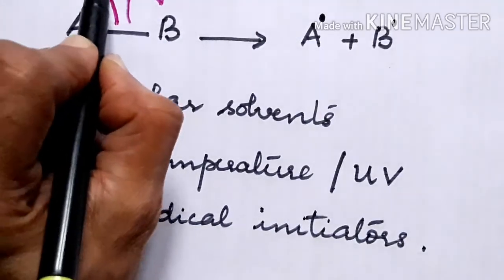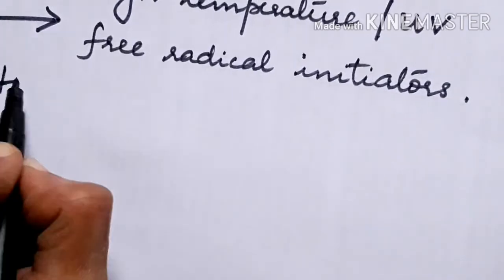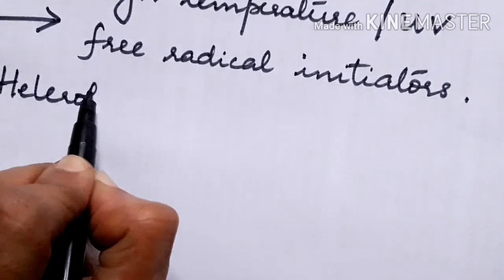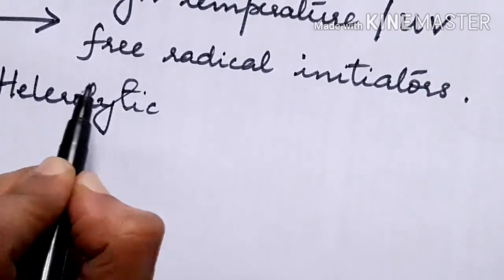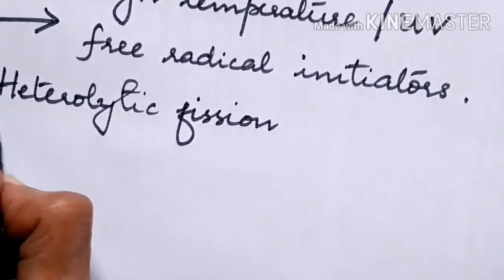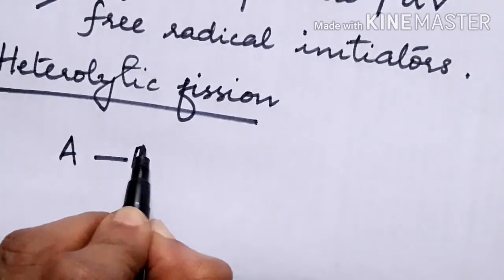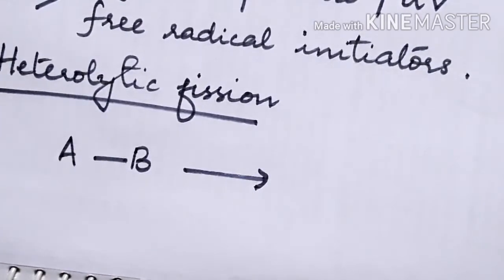The second type of fission is known as heterolytic fission. Heterolytic fission of a covalent bond results in the unequal distribution of electrons.